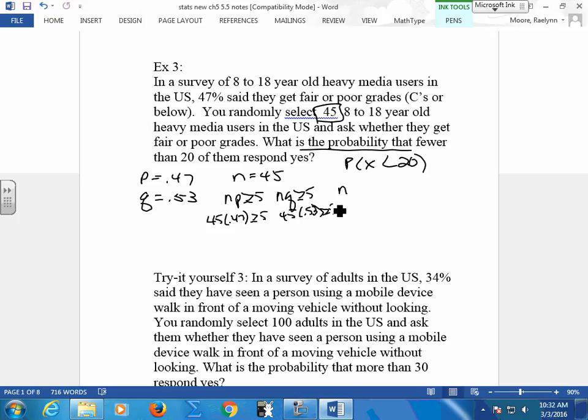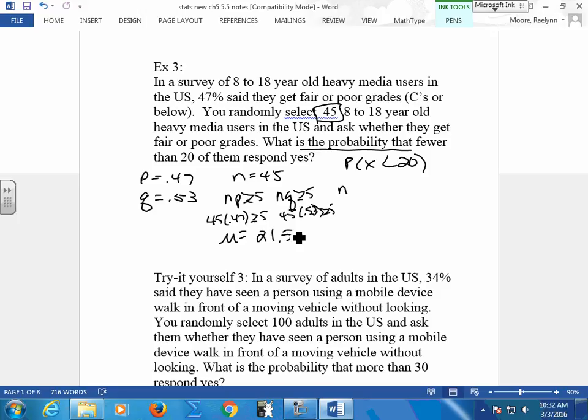So your mean is this guy. And your mean happens to be 21.15. We did this, but now we're going to continue with it. And what's your standard deviation? What is their standard deviation here? Help me out.